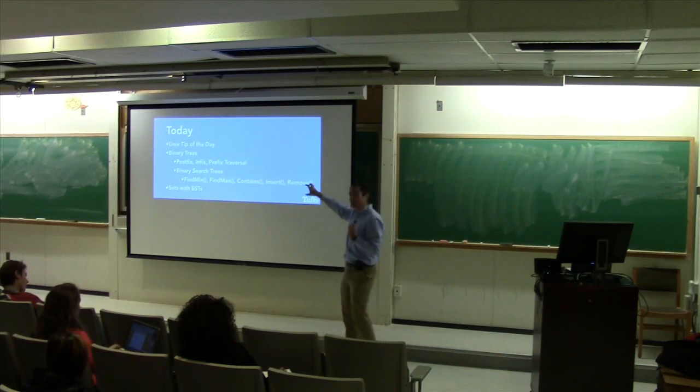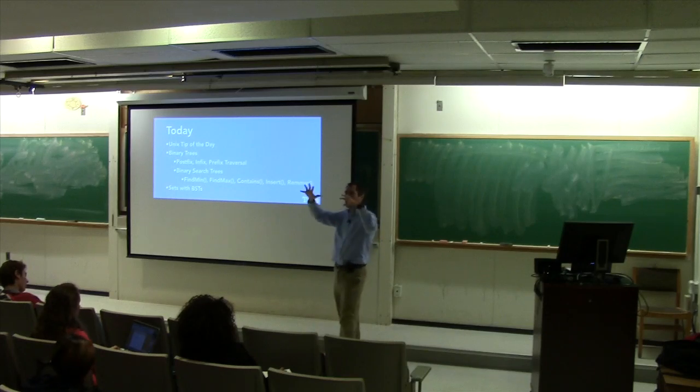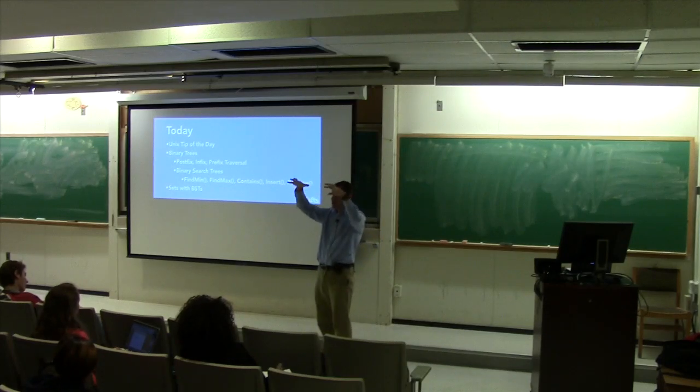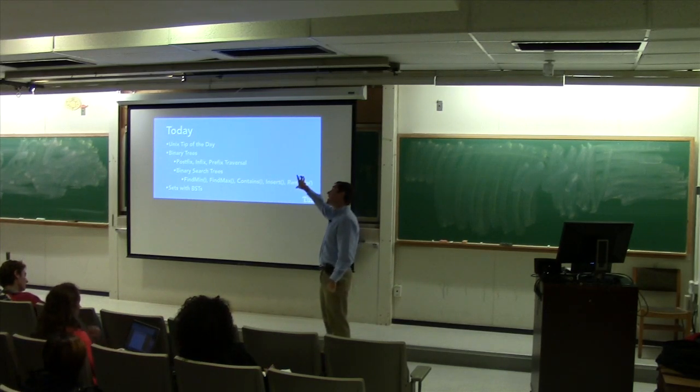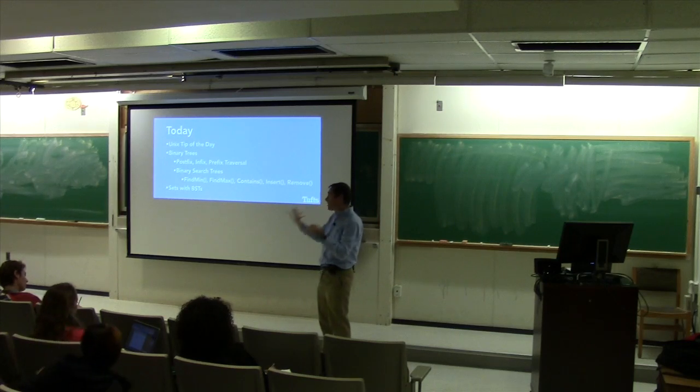Then we'll talk about binary search trees. Remember how I showed you the array that was sorted, and I had it drop down into that nice tree form on the board? Well, that was a binary search tree, and they're very good for searching and for determining whether or not a tree has a node with a particular value, and so forth.